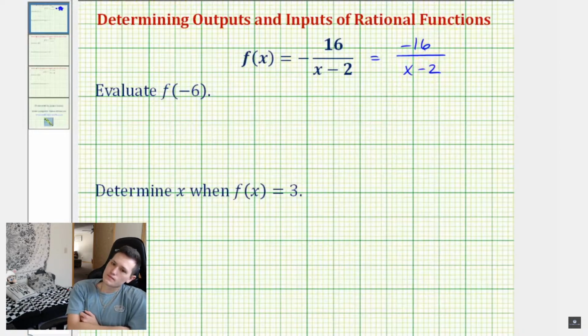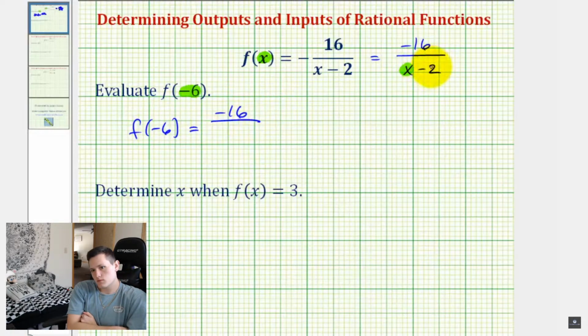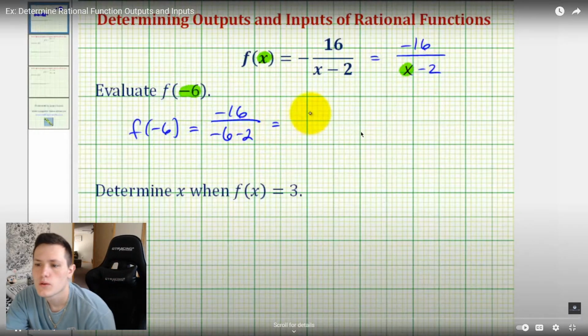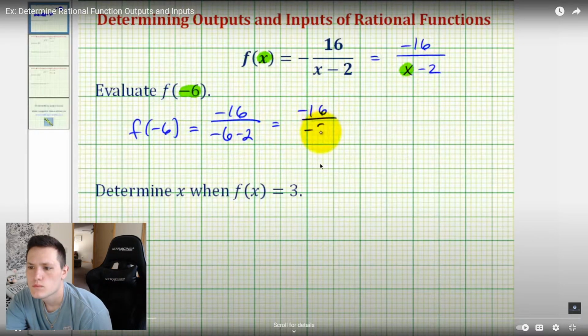And now to evaluate f of negative 6 is the input, so we'll substitute negative 6 for x. So f of negative 6 is equal to negative negative 16 divided by the quantity x minus 2, or negative 6 minus 2, that'd be negative 16 divided by negative 8, which is equal to positive 2.